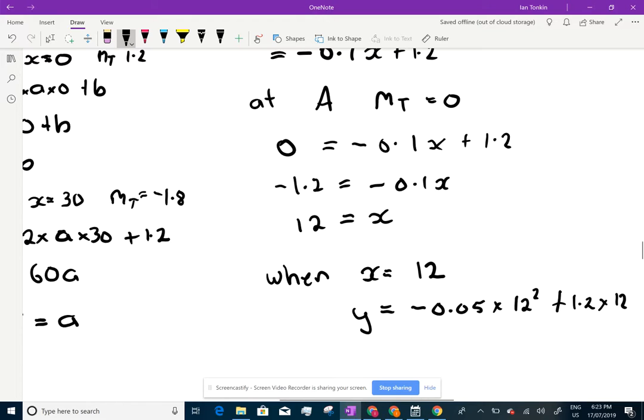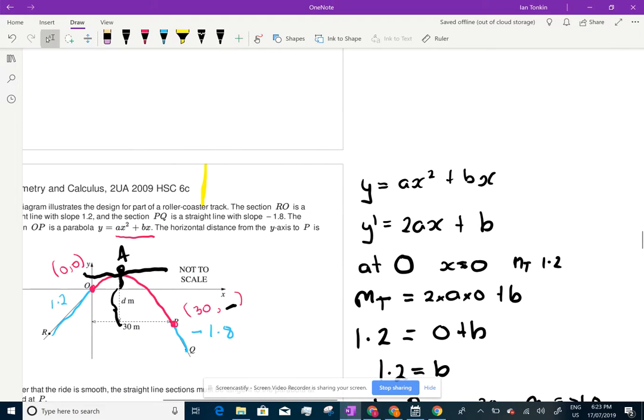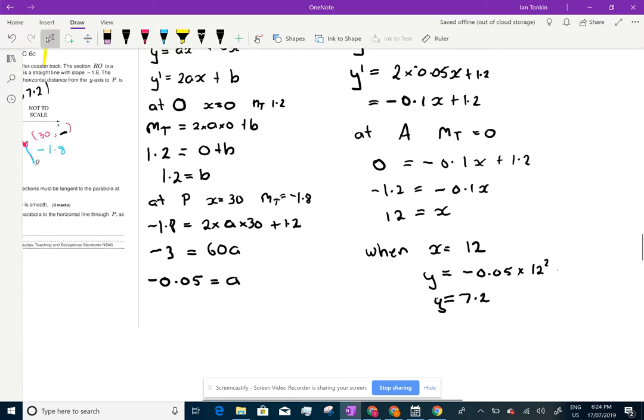That gives 7.2. So y equals 7.2. So over here at A, we've got 12 and 7.2. Sort of looks right. Okay, and the 7.2 worries me.